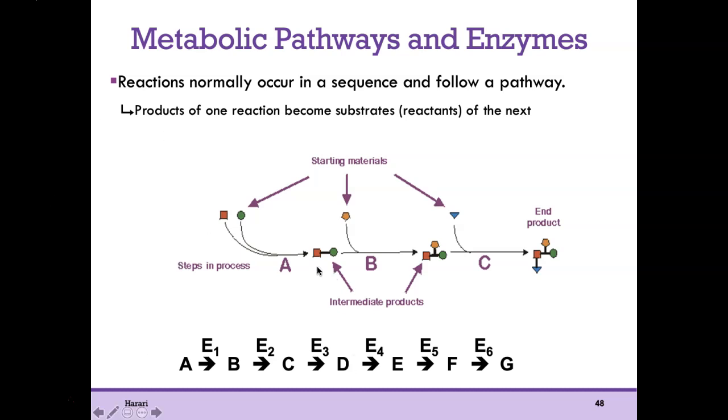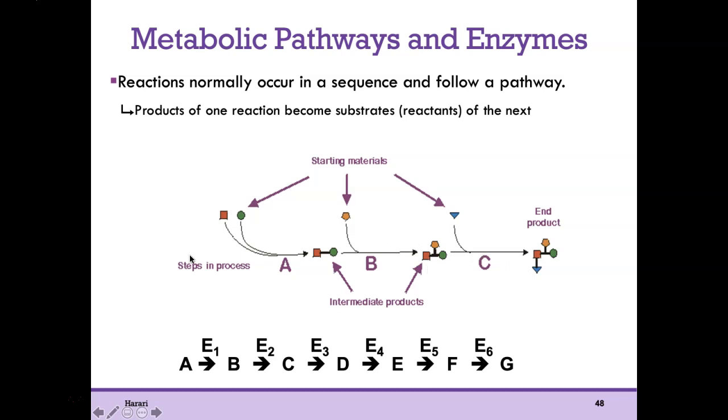So what that means is there might be at least 3 different enzymes, each of which does one small step. So let's say we start up with a square and a circle. A just attaches a bond between those two. Enzyme B only knows how to add a pentagon to this product over here, right? So then B will do that. And then C only knows how to add a triangle to this product.